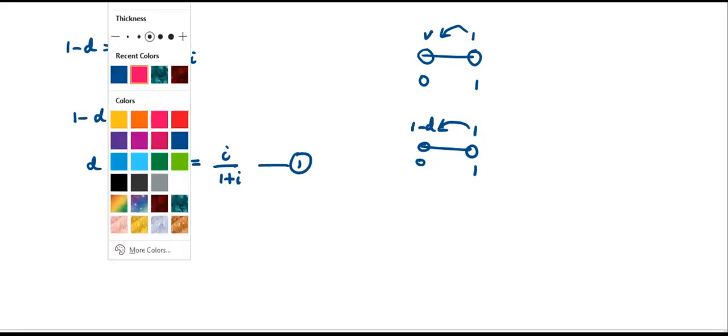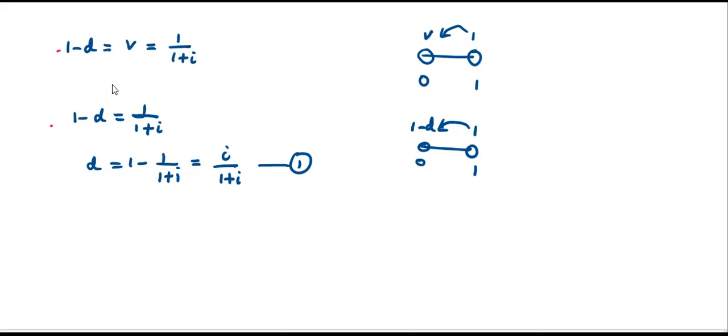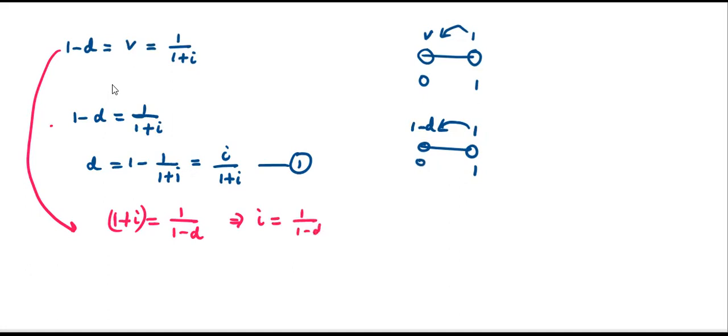The next, you find I in terms of D, use the same equation. You invert this one, 1 plus I will be 1 upon 1 minus D. Then you find I in terms of D. If you find I in terms of D, it will be this minus 1.